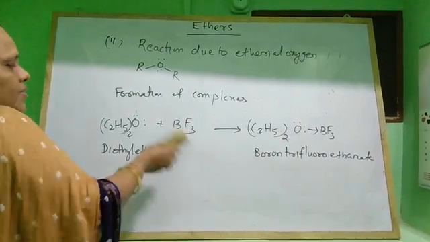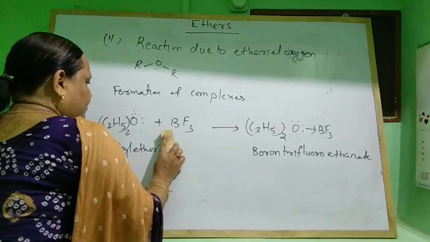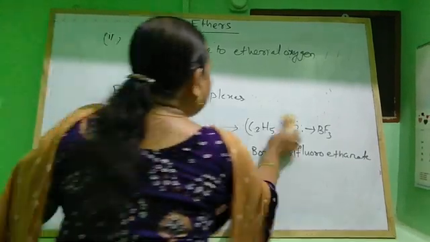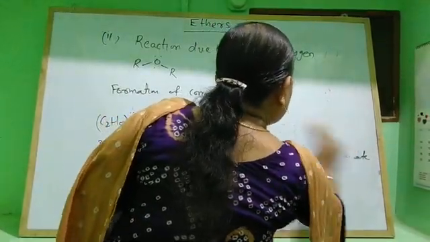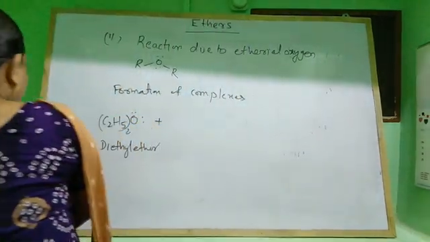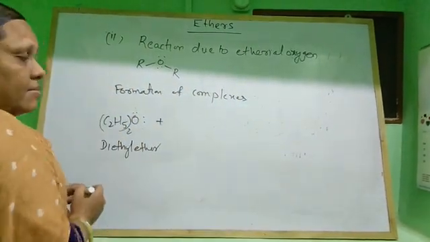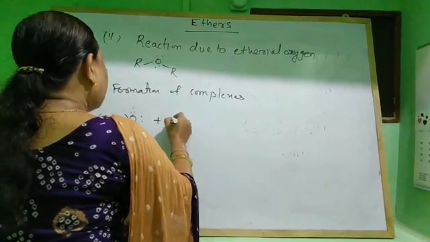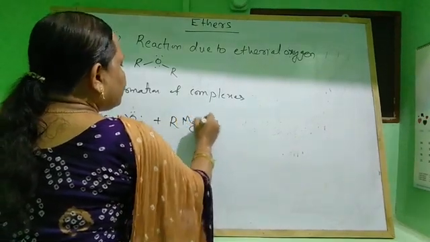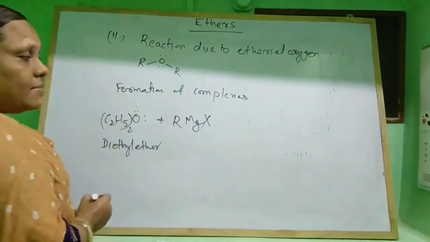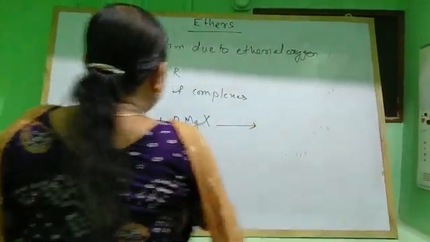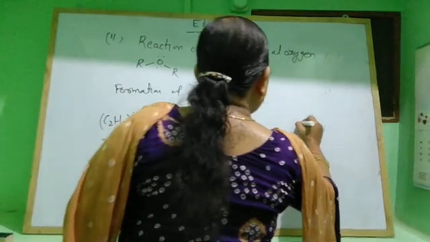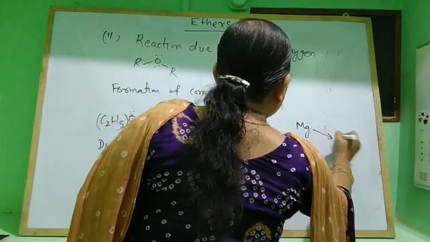Then reaction with Grignard's reagent. Grignard's reagent is an alkyl magnesium halide. Suppose I have taken here R MgX, known as alkyl magnesium halide. It reacts with ether to form a complex with magnesium.